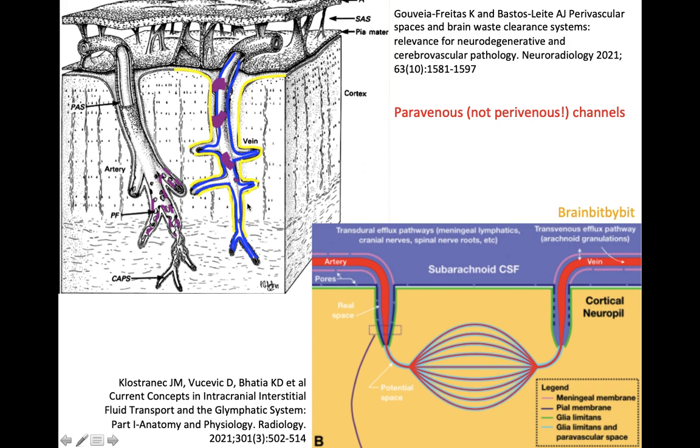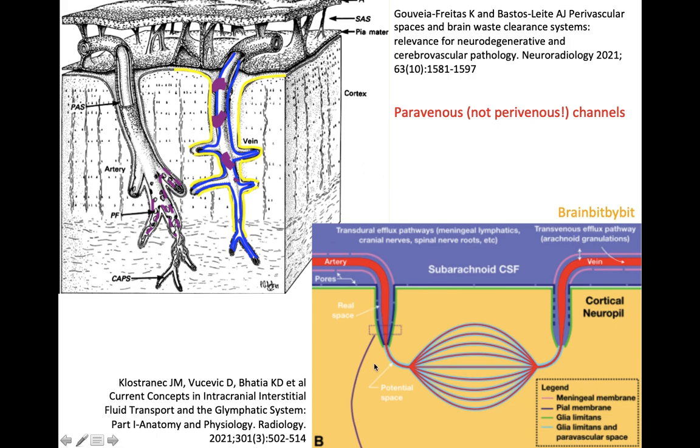So the veins are also enveloped by some sparse pial cell islands, and the veins are not circumferentially enveloped by a CSF space, but they have paravenous channels, so it's running next to the vein.